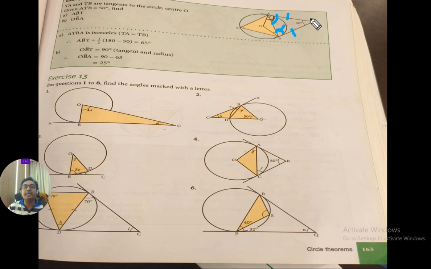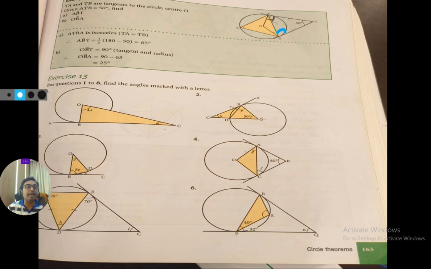TBA and TAB are equal. ये अगर x है, if this is x, so this is also x. So x plus x plus 50 is equal to 180 degree. So 2x is equal to 180 degree minus 50. 180 minus 50. So 130 degree. So x is equal to 65 degree. That means TBA is 65 degree.